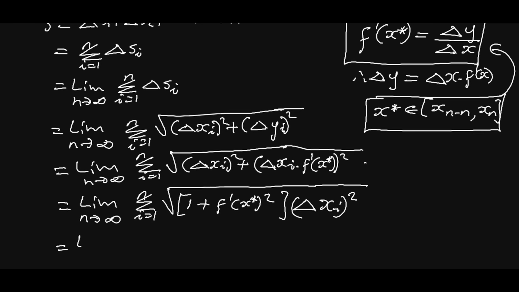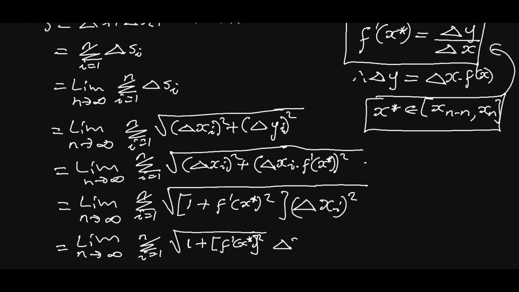Then lastly, what we'll say is that the limit as n tends to infinity, i is equal to 1, plus, put in the bracket here, power 2 times delta xi outside now.